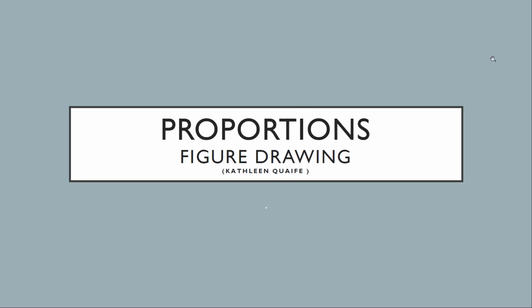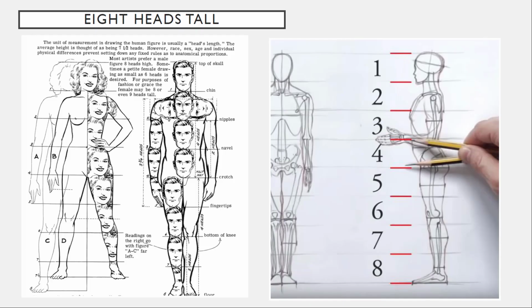Today we're going to look at human proportions and the relationship between human proportions in our figure drawing class. One of the things that we've discussed already is this idea of the head height being an important measurement. If you take this illustration from a Jack Hamm book here, you can see 1, 2, 3, 4.